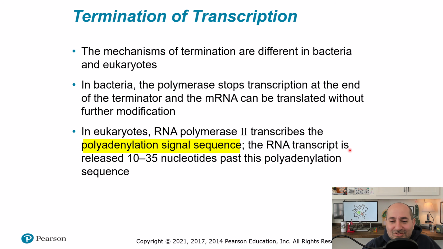The RNA transcript is released 10 to 35 nucleotides past this polyadenylation sequence. So what does that mean? That sounds super confusing because we haven't talked about it yet, but we're going to talk about that next. Next, we're going to talk about RNA processing, right? So this doesn't seem very straightforward because we haven't talked about RNA processing.